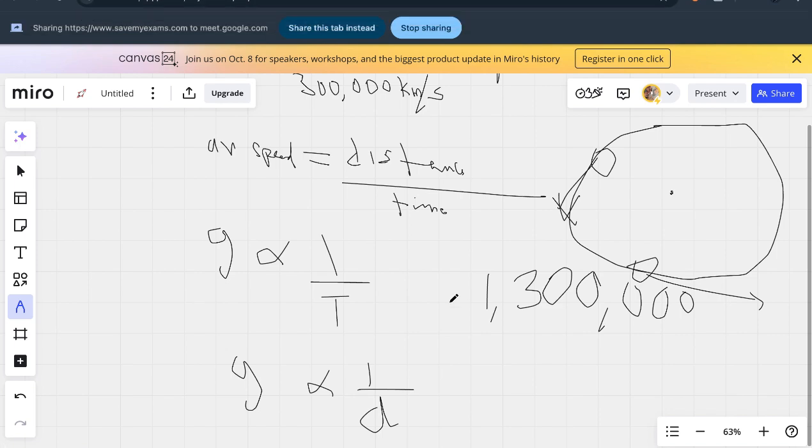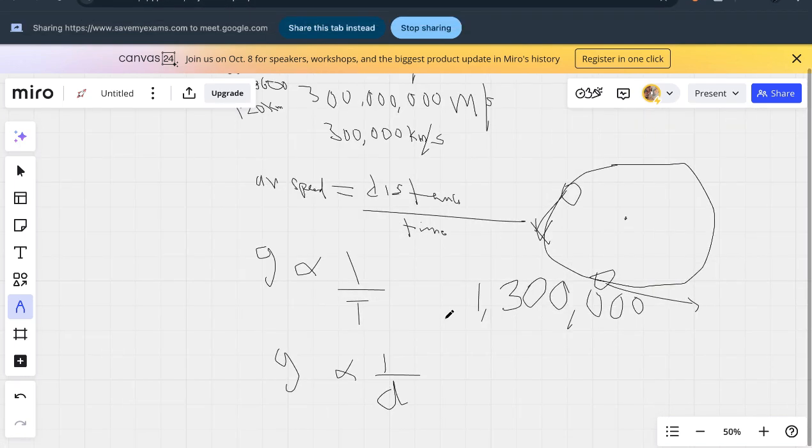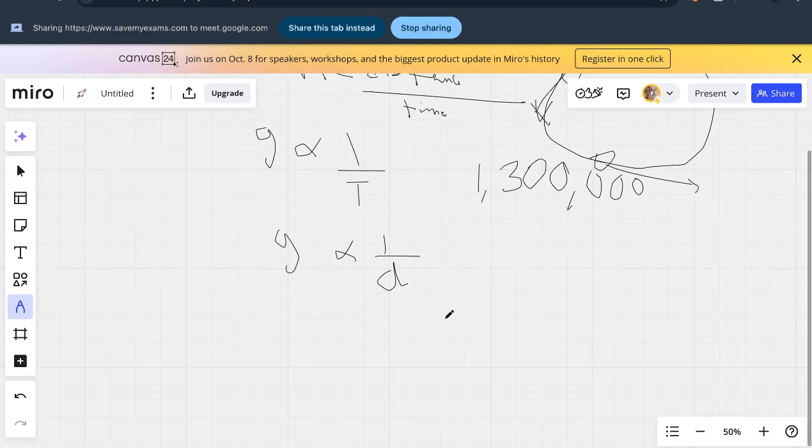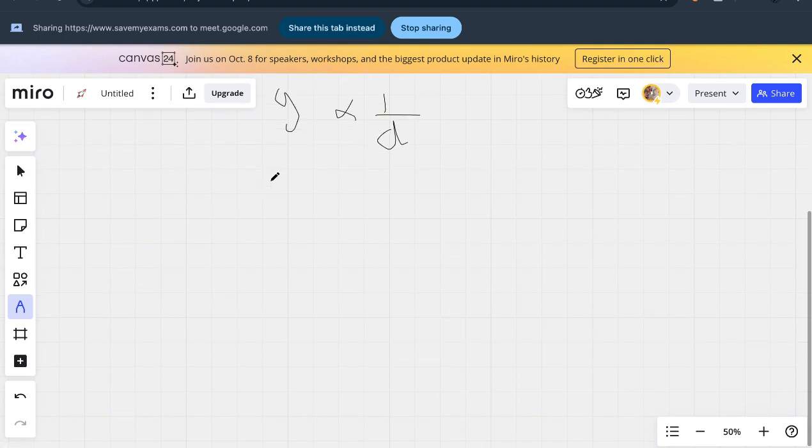The rest of the eight planets in the solar system, Mercury, Venus, Earth, Mars, Jupiter, whatever, if you count all their masses, it is less than 1%, and the sun is greater than 99%.